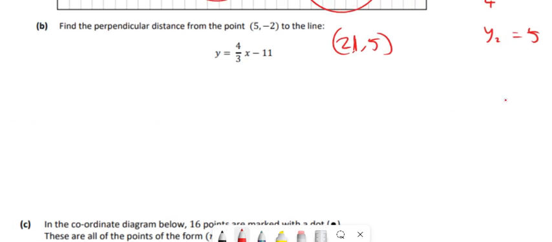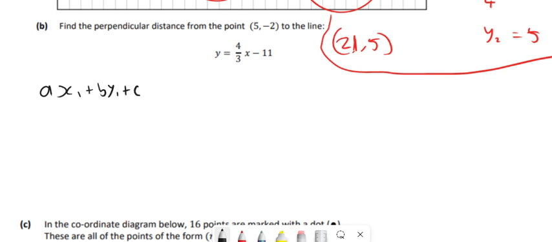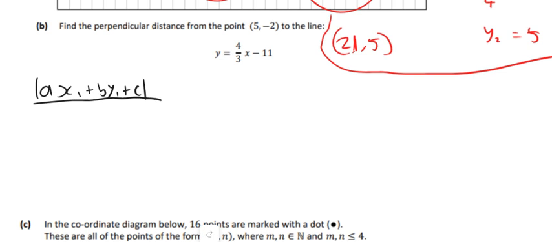Part B, we have to find the perpendicular distance from the point to the line. We're going to use this formula. Now, to use this formula, to get our A, B and C, we have to change the format of the line there.